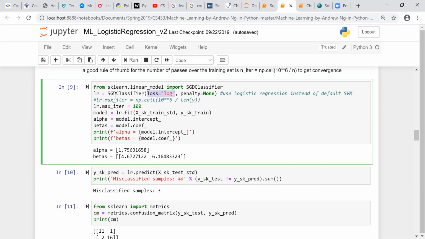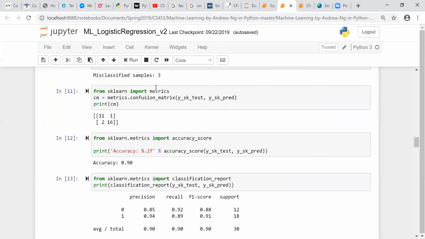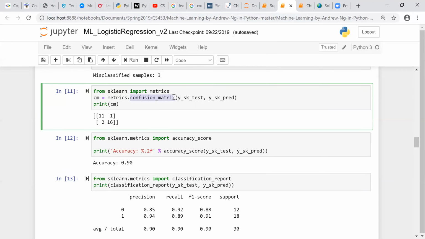Then you can just fit the training feature values, and then we can predict on a sample. Here it also shows how you get a confusion matrix. At the beginning of the class we discussed that you import the metrics module, then you just call confusion matrix, and it will give you the confusion matrix.